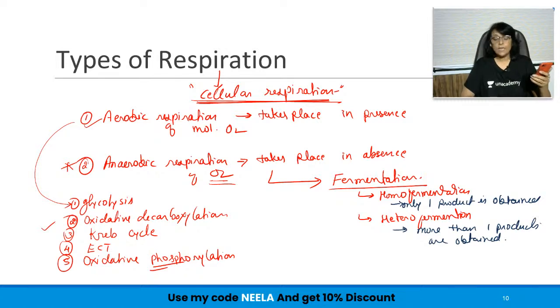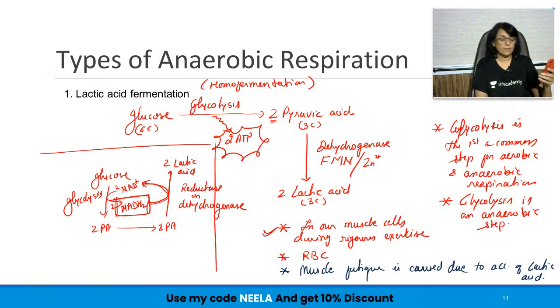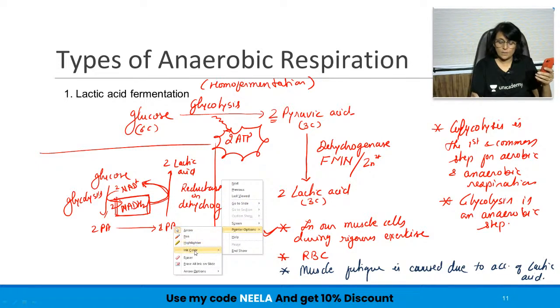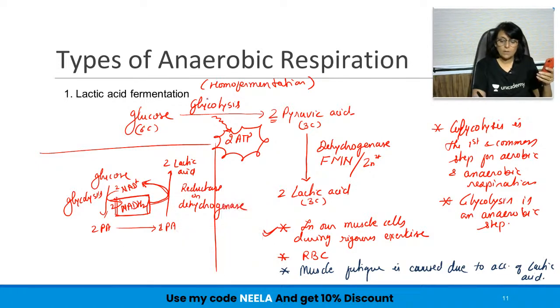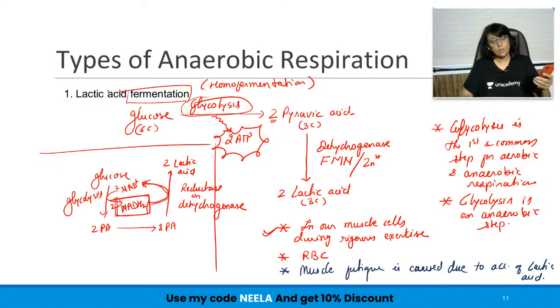See, types of respiration, this is what we started with. Aerobic and anaerobic. Then we came to types of anaerobic respiration. And do you see glycolysis written here? Do you see fermentation written here? Glycolysis written, fermentation written, right? So we talked about all these things.